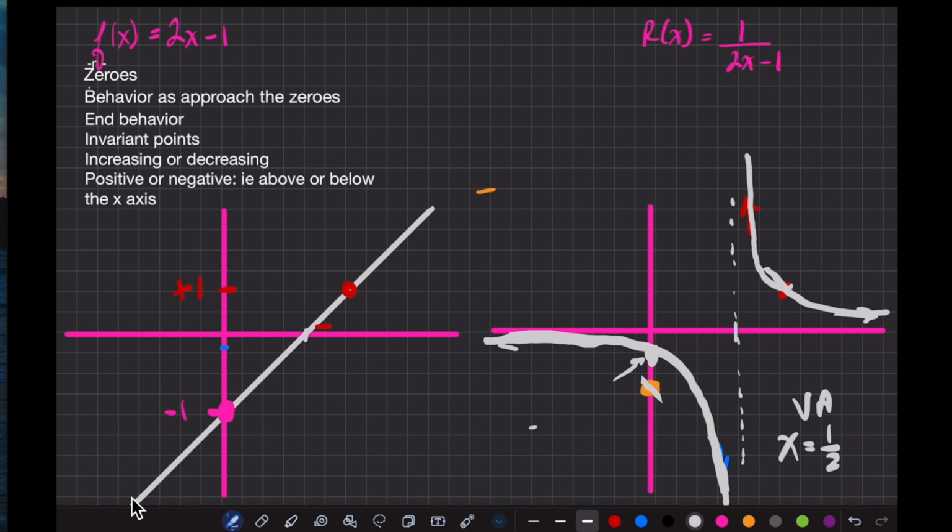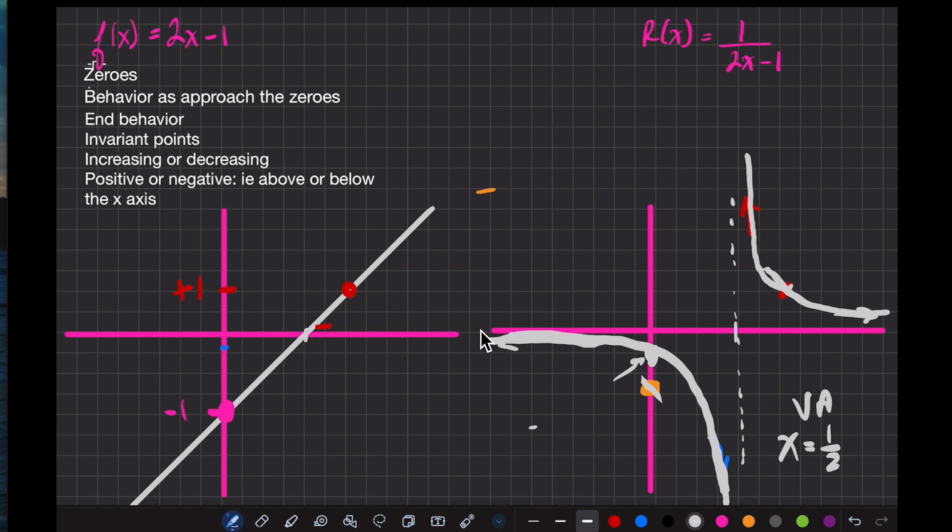Increasing or decreasing. Our original graph is always increasing. Sometimes it's tricky to figure out when a graph is increasing or decreasing, so this is what you do. You go left to right. You ask yourself, what's happening to the graph as the x values are moving left to right?